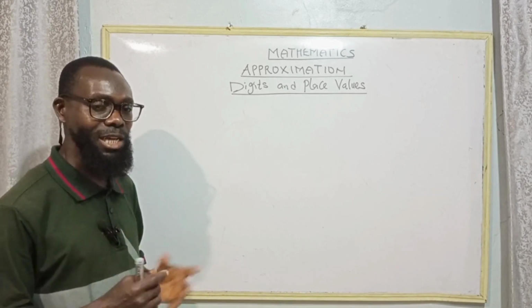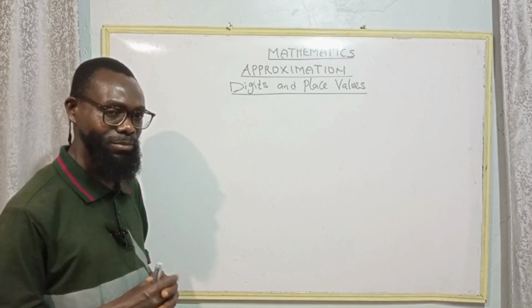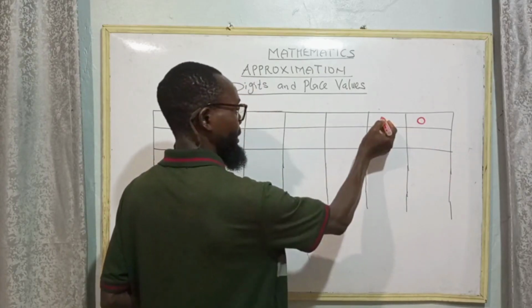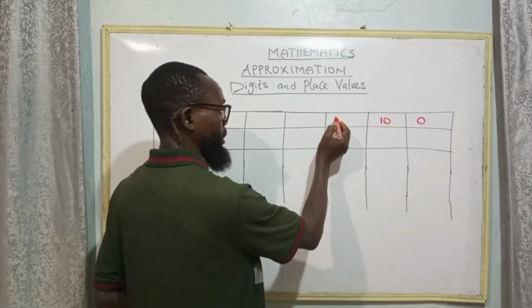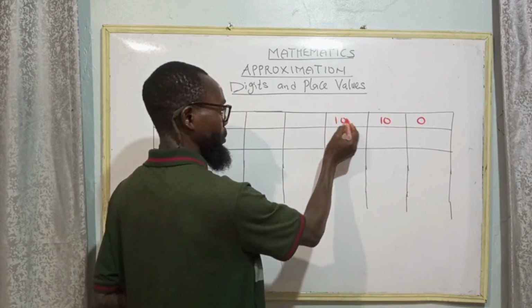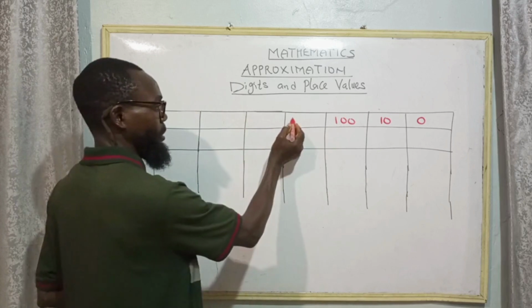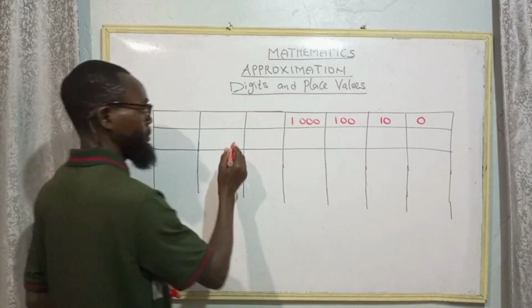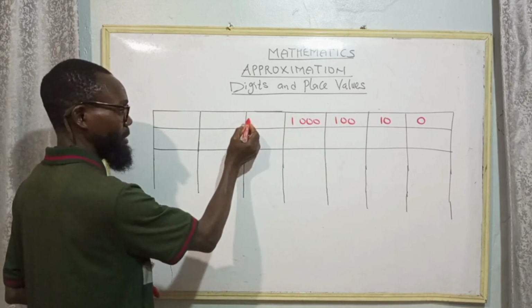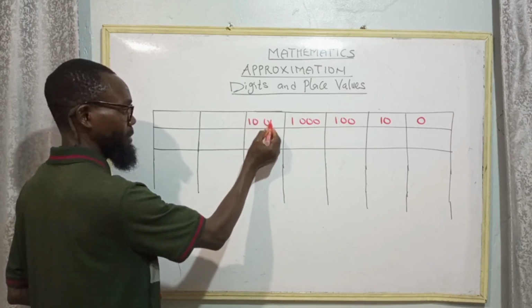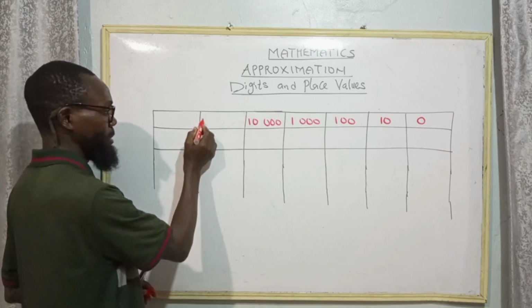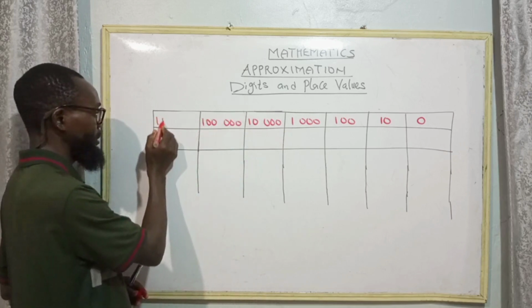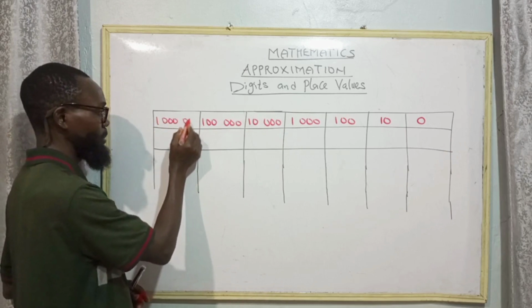Now let's take a look at this chart. We have 0, 10, so 1, 0, 0, 1, 0, 0, 0, then 10,000, 100,000, and so on.